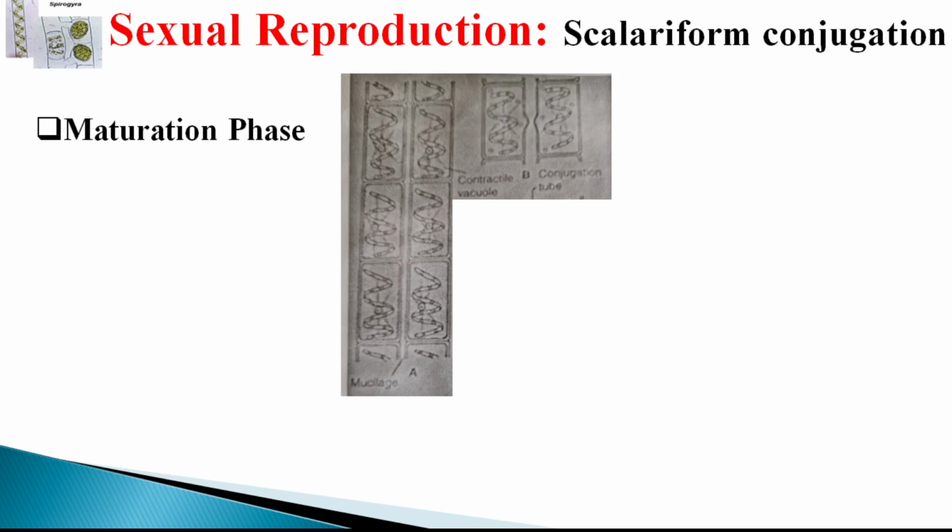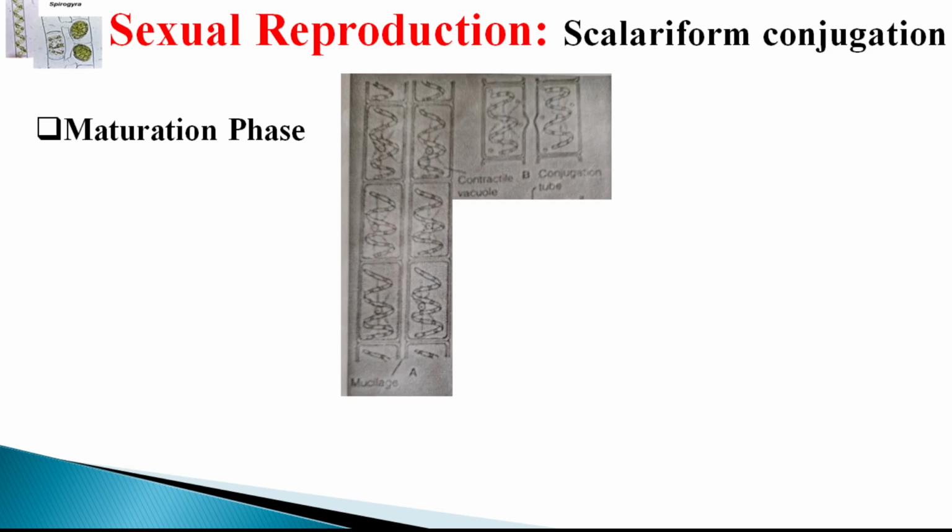There is also another view, which suggests that the papillae grow simultaneously from the young and recently formed cells of both conjugating filaments. As in diagram B, you can see that from both filaments these conjugating papillae are starting to develop. So differences of opinion exist, and in fact it has been proved.